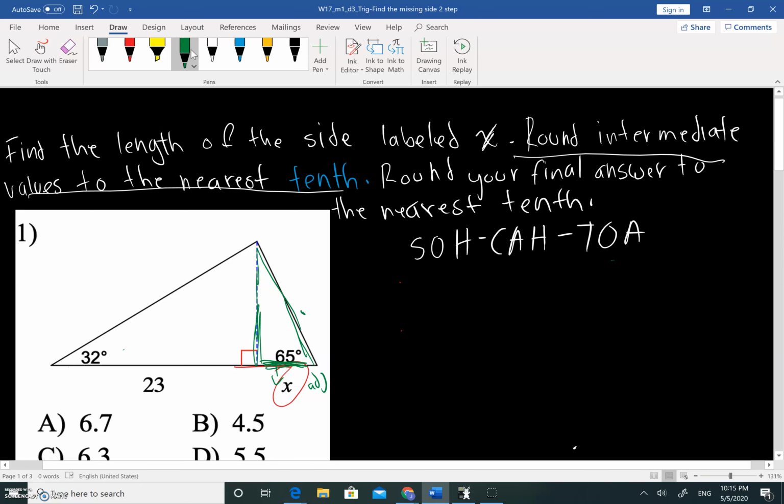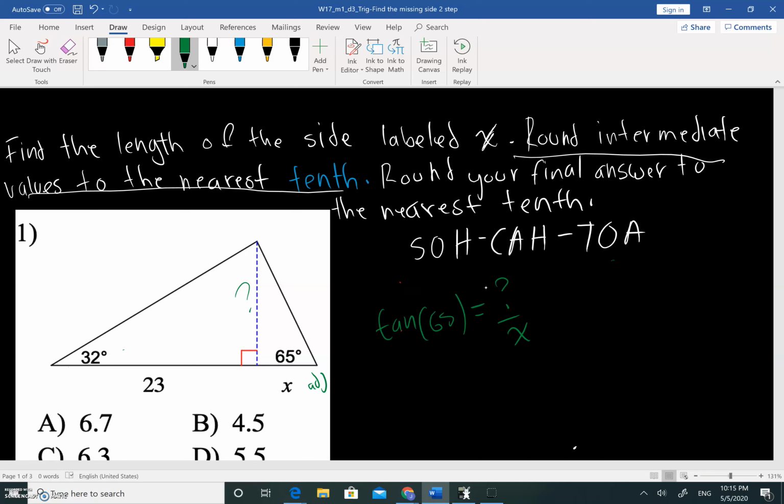So do I know my hypotenuse? No, I don't. Do I know my opposite? No, I don't. So I can't go ahead and find it straight away because, for example, if I want to go ahead and use this, then it would be tan of 65 is equal to question mark over x, but that doesn't help us at all.